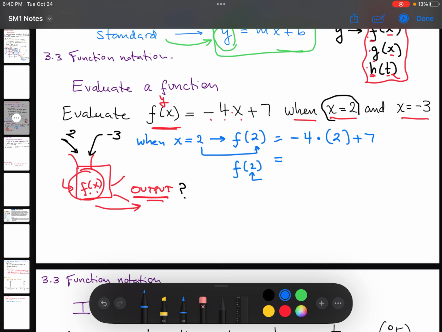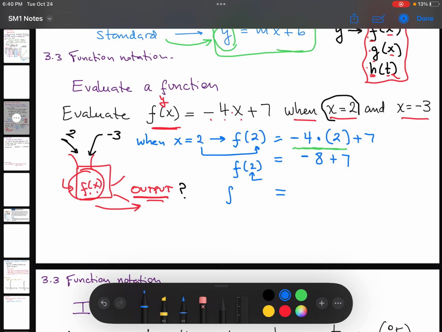We're just going to perform the operations based on PEMDAS. Remember, order of operations, multiplication and addition. It means multiplication goes first. You're going to perform this multiplication first. Negative 4 times 2 is negative 8. And then there's a plus 7 right here.